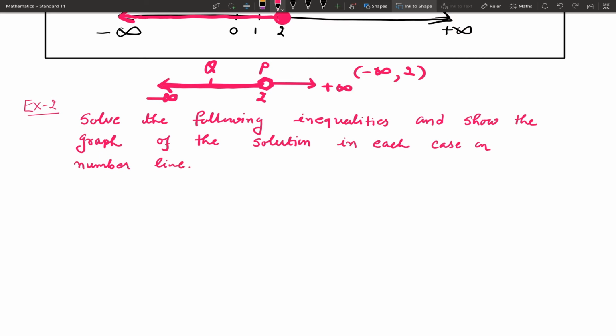Either you can say on the number line or on the real line.